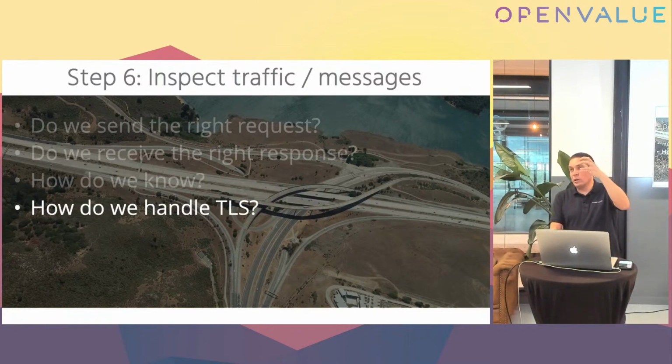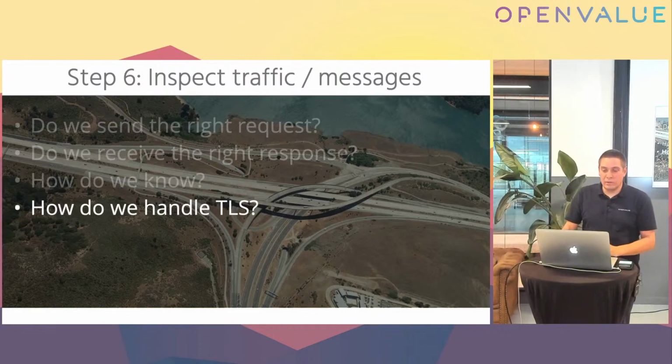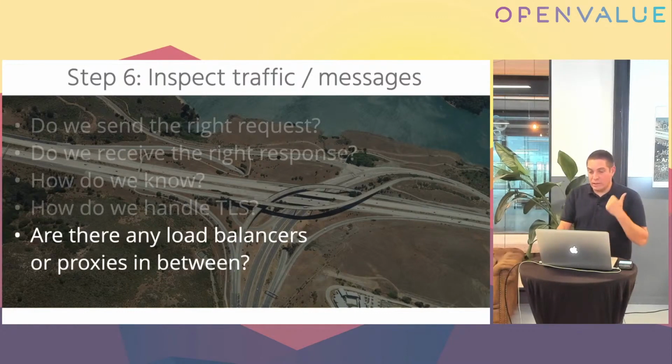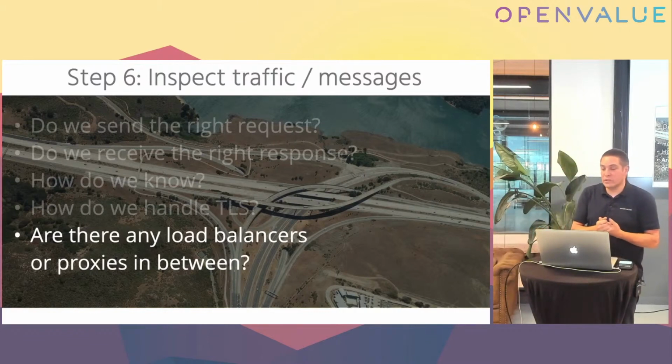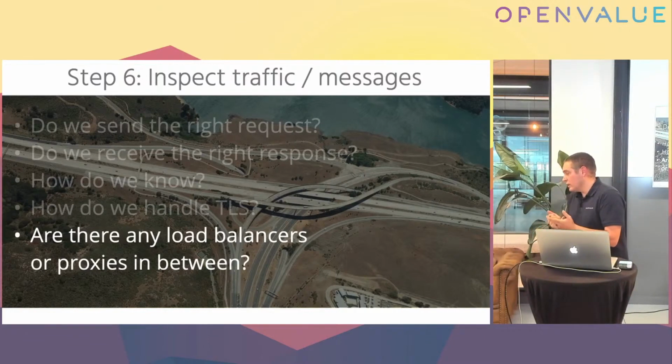So it either terminates at a load balancer and then goes over an HTTP connection to your server, or you're running some kind of Nginx or Apache server that terminates TLS and then goes to your local unencrypted port. If it's fully encrypted, then it takes a bit more work to find out what's being sent. And think about whether there are any load balancers or proxies in between, and try to find out whether they are doing anything to your requests, adding or removing headers, terminating connections, etc.